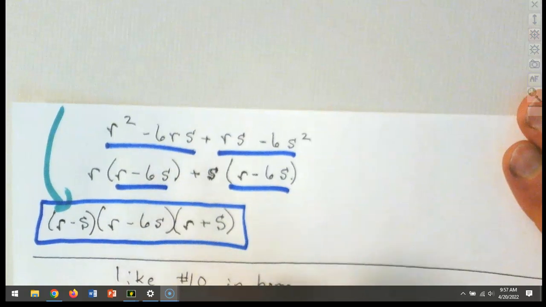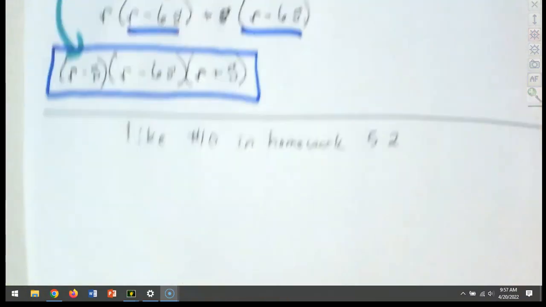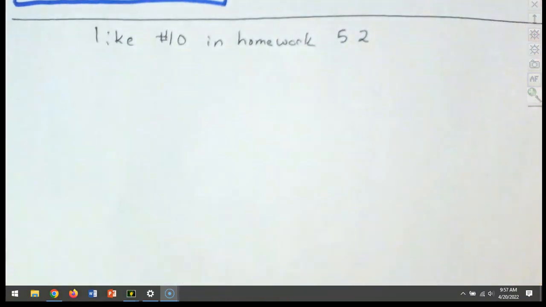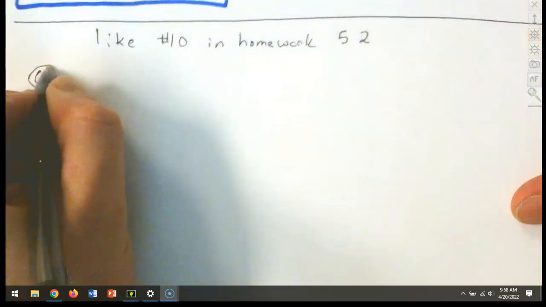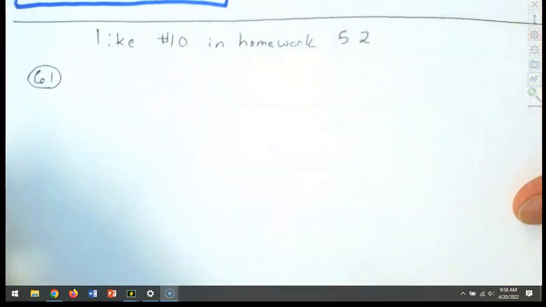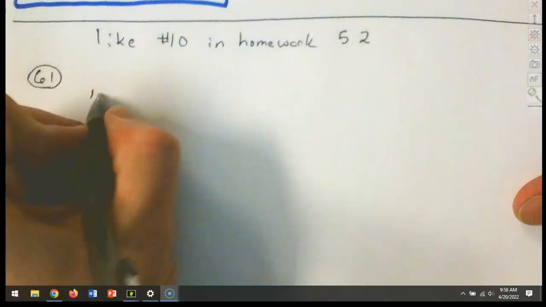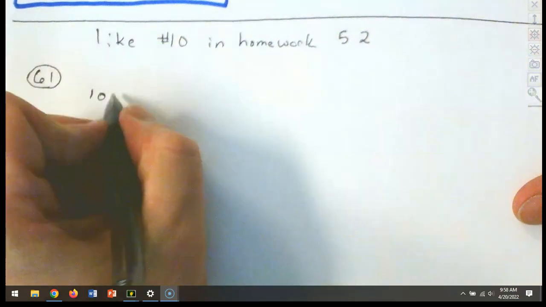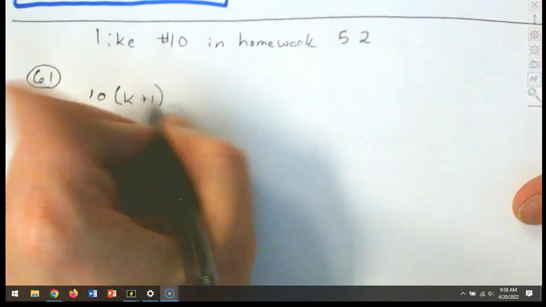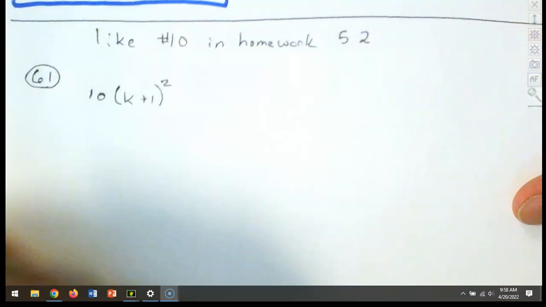So these are going to be like question 10 in your homework 5.2. We're going to do 2 of these. We're going to begin with question 61. These are definitely the most challenging. They're not really difficult. You just have to keep track of things. And make sure you write it all down correctly and don't lose track of any of the different parts.